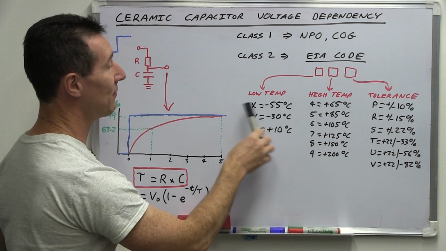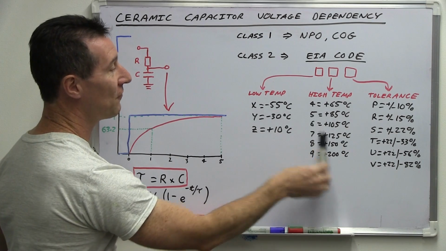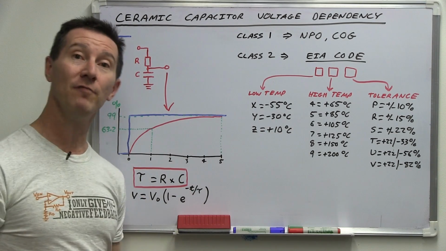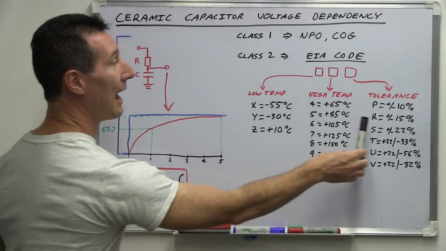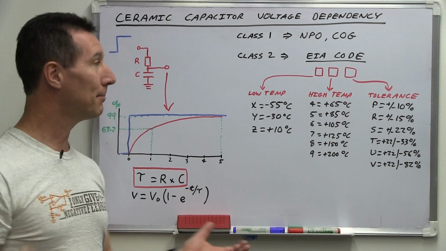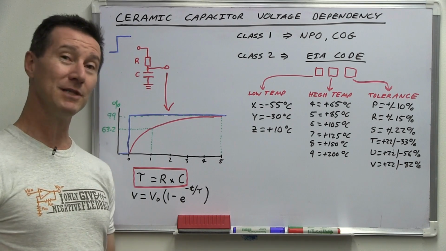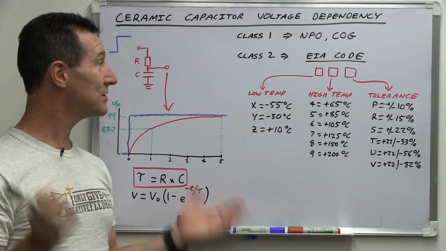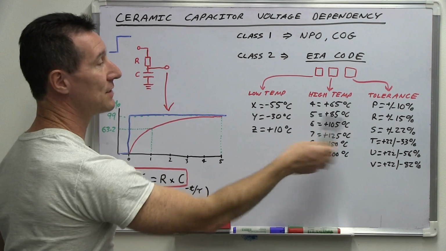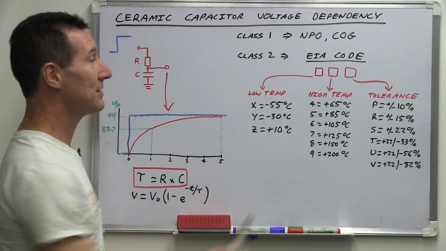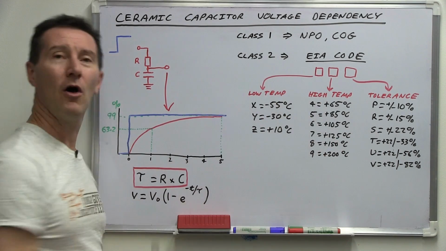In the case of X7R, it'd be minus 55 to plus 125 degrees Celsius, and the R part is the tolerance of the capacitor. In this case, X7R plus minus 15%.